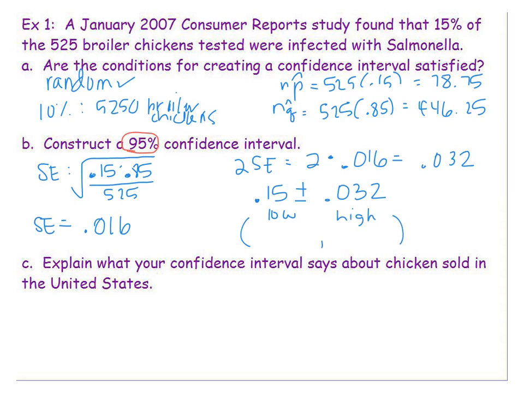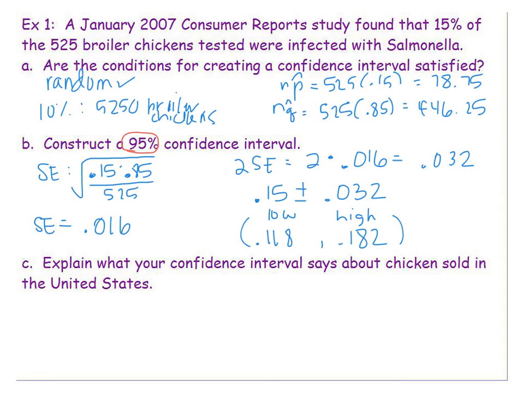So if I take 0.15 and I subtract 0.032, I get 0.118. And if I take 0.15 and I add 0.032, I get 0.182.